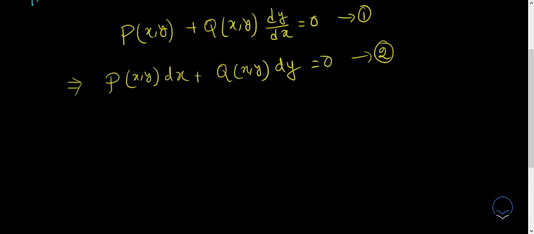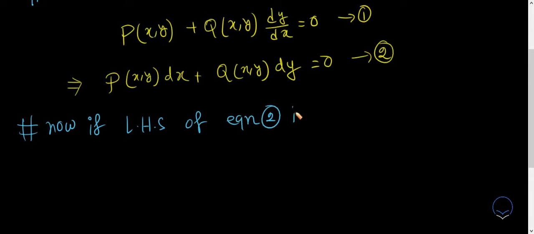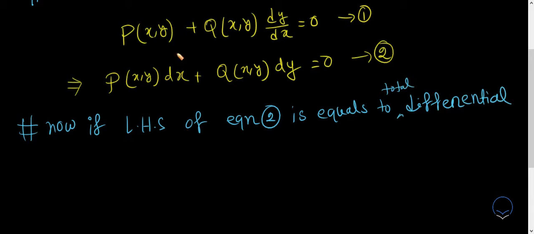Now if left hand side of equation 2 is equals to a differential, that is a total differential of a function f of x y, then we are calling equation 2 to be an exact differential equation.